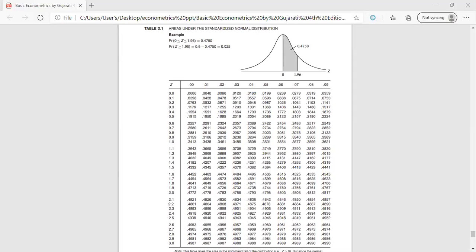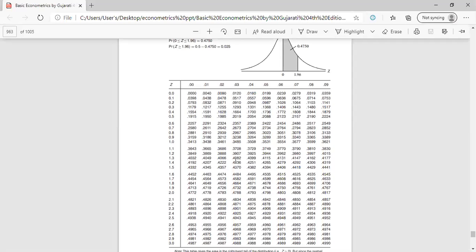Now, the probability that x lies between 30 and 35 is the same as the probability that z lies between 0 and 1.25. In the table it is easy.